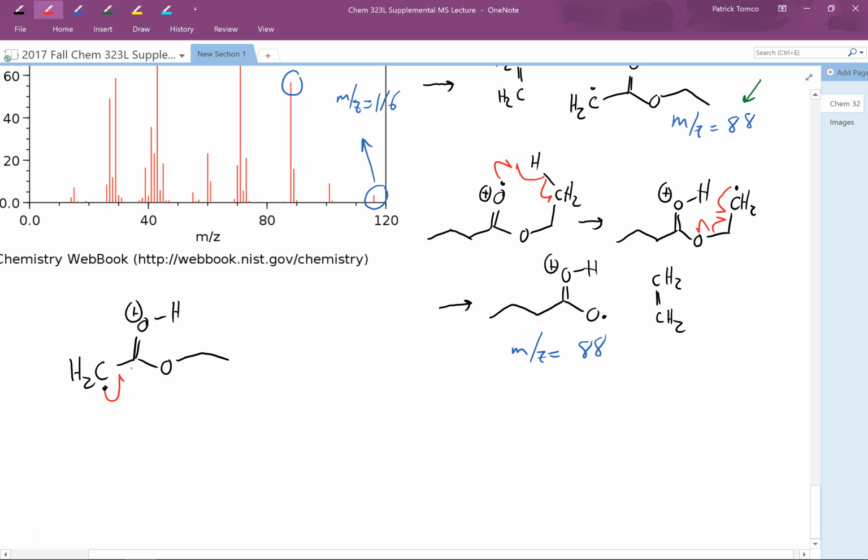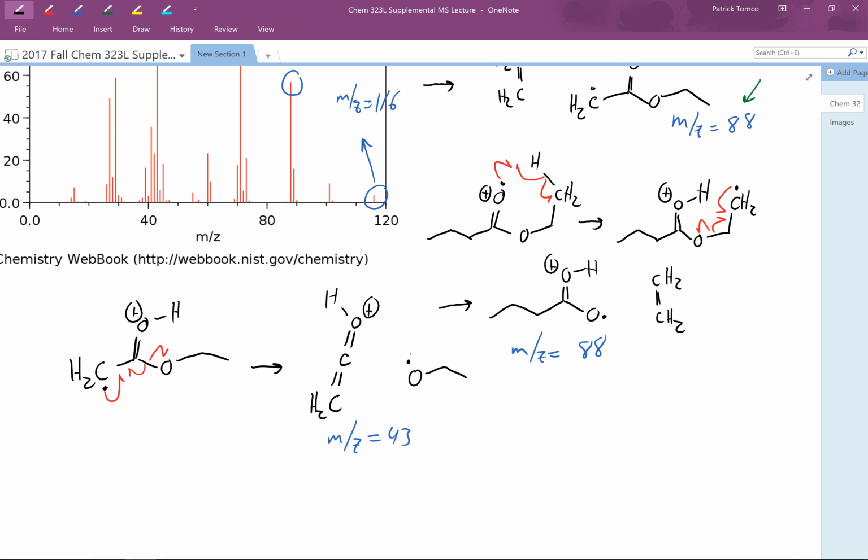So this can form a new carbon-carbon double bond if the other adjacent atom breaks, and we're going to pitch the electron up into the oxygen to create an ethoxy radical. And the structure of the product winds up being this one. Positive charge here, and we get a charge migration. This accounts for the mass to charge of 43, and we put the radical onto a different species. And again, the radical is not seen by the instrument because it doesn't have a charge.